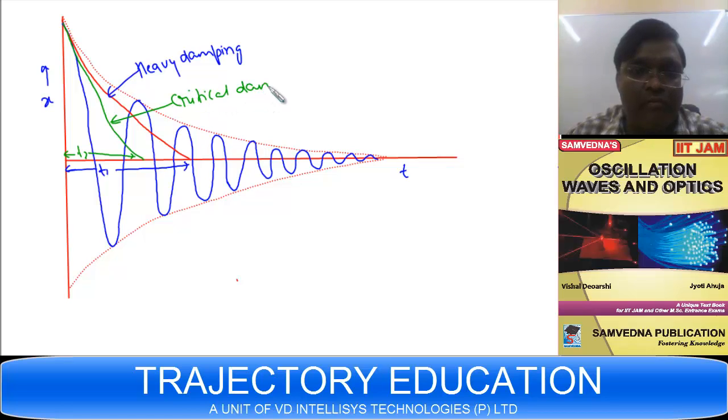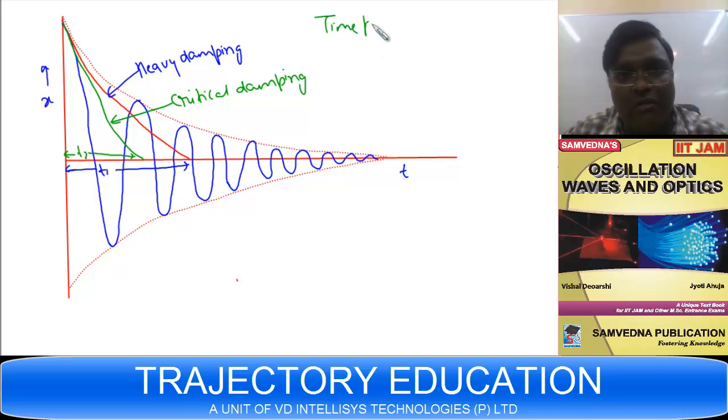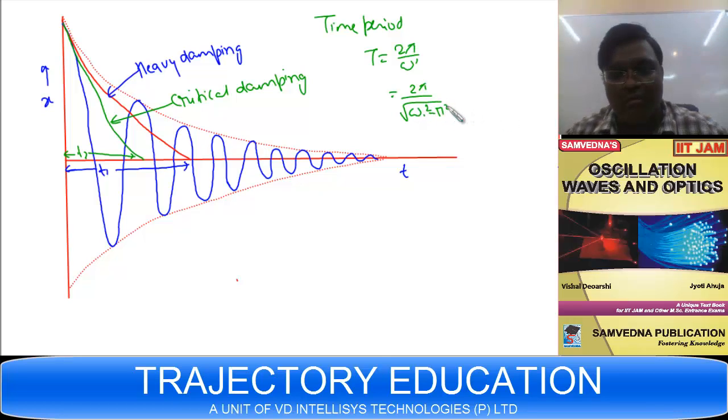And in case of light damping, it is still smaller, and light damping is oscillatory also, but the amplitude is decaying. In case of light damping, the time period is defined as 2 pi by omega dash, which is 2 pi by square root of omega naught square minus R square. This is about light damping.